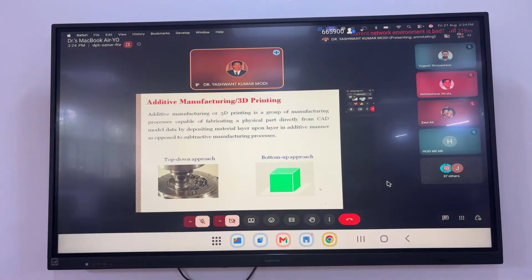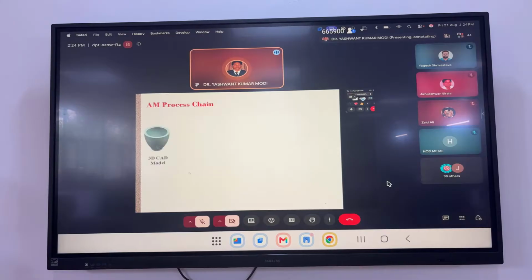This is in contrast to the conventional manufacturing processes you can see on the screen. I'm not taking much time on this because I hope you have gone through all these things in the previous lectures. So initially we must have a 3D CAD model in order to print a 3D part using 3D printing technology or additive manufacturing technology.